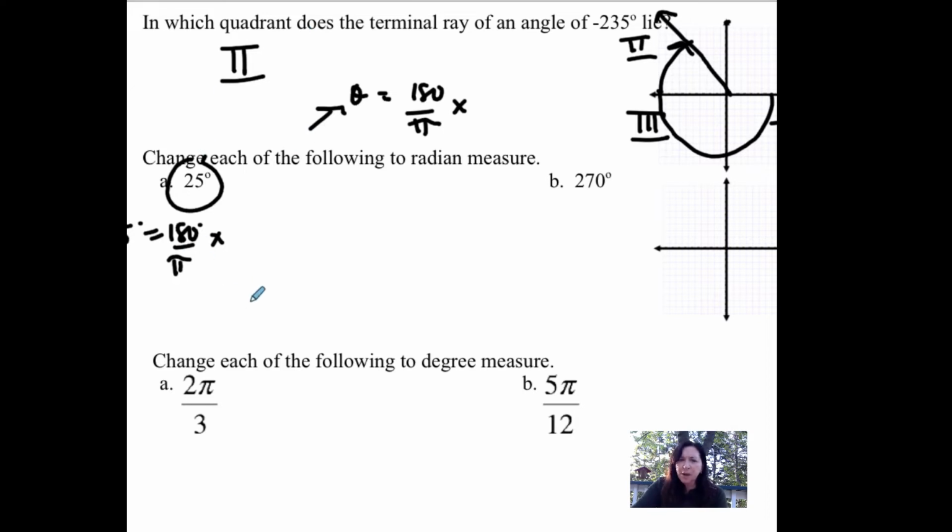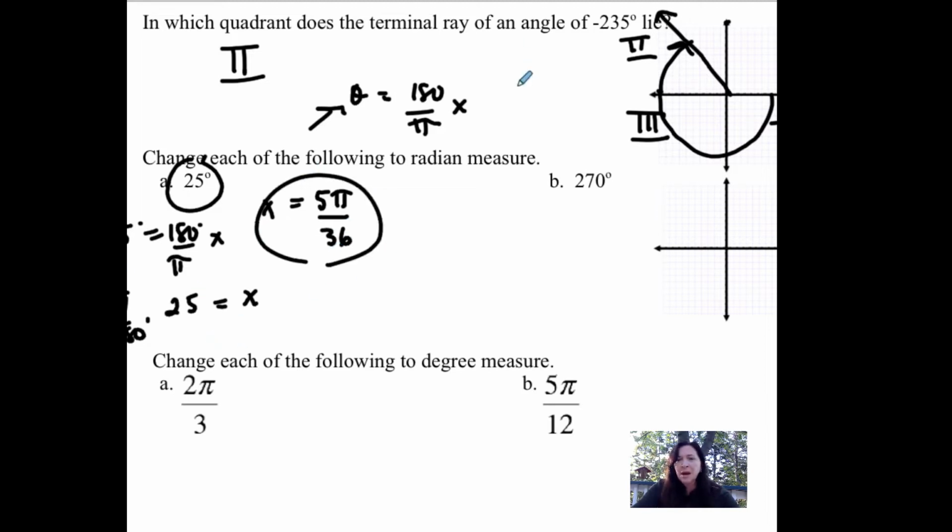And so to get x by itself, you're going to multiply by the reciprocal, which is pi over 180 degrees. So for question number 9, you end up with 25 over 180. That becomes, for this problem, x equals 5 pi over 36. So that reduces to that, because you just divide by 5.